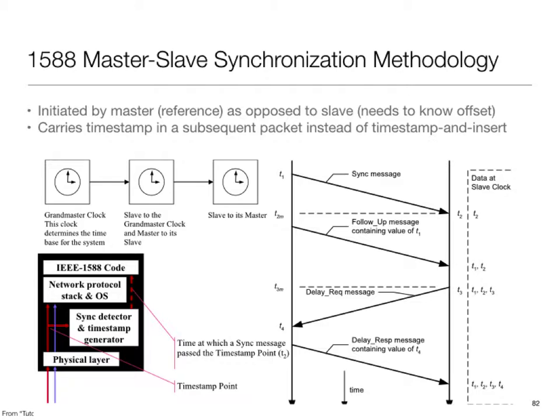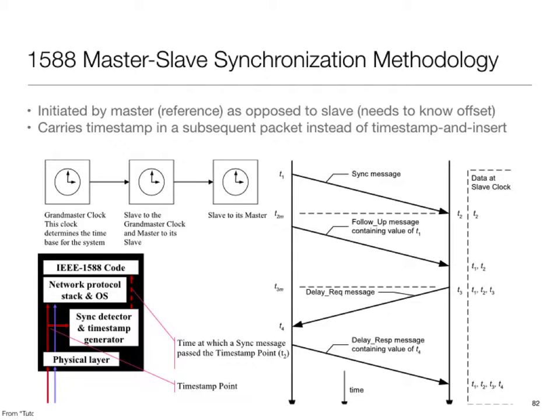So PTP catered to that as well, which is why it has a more expensive message exchange. We are still acquiring 4 timestamps, but you need 4 messages for doing it, because you send out a message and the sender gets the timestamp from the hardware, and then it sends another message carrying the timestamp. Whereas in NTP, since you were doing all of this in software, it was a more leisurely act, so you can just timestamp at that level.